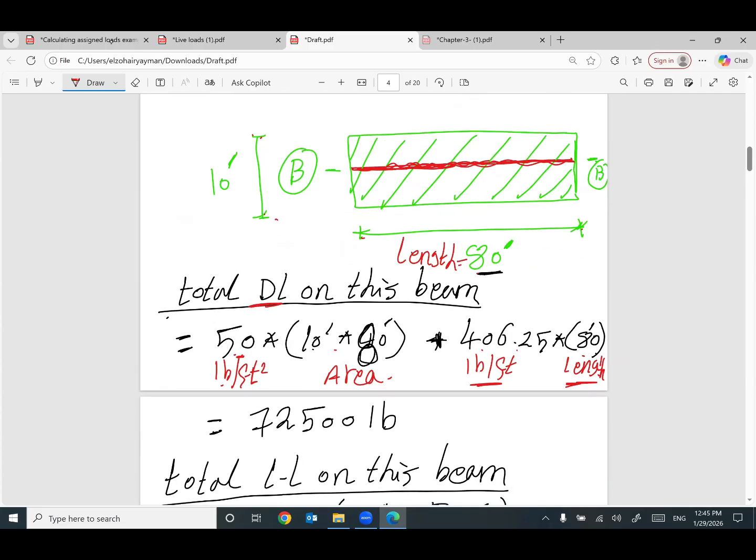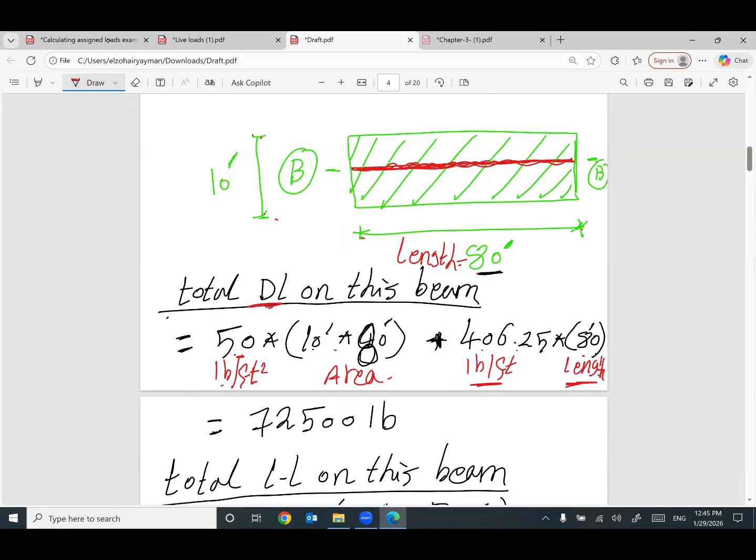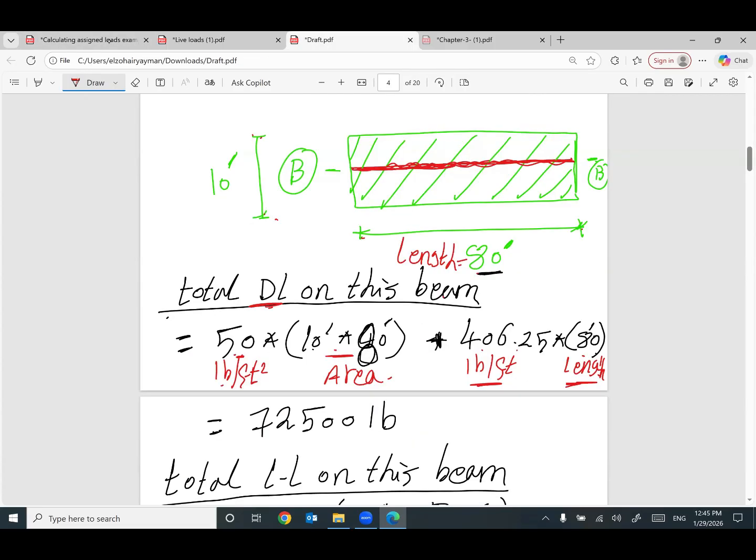So the total dead load on this beam will equal the value of dead load on the slab times the area assigned to this beam, plus the value of dead load on the beam times the total length of the beam.